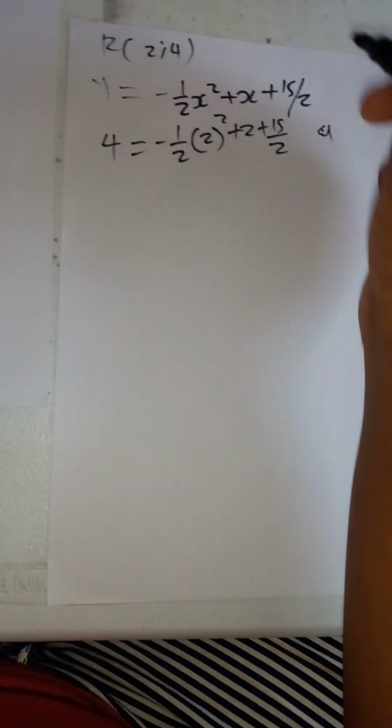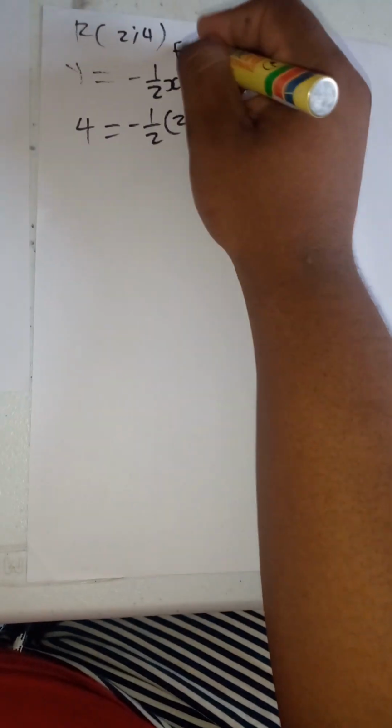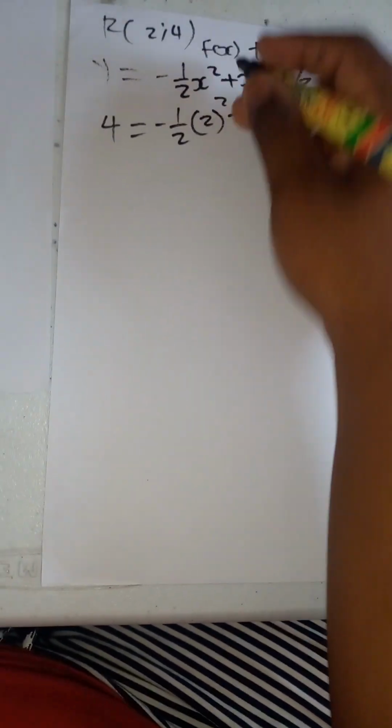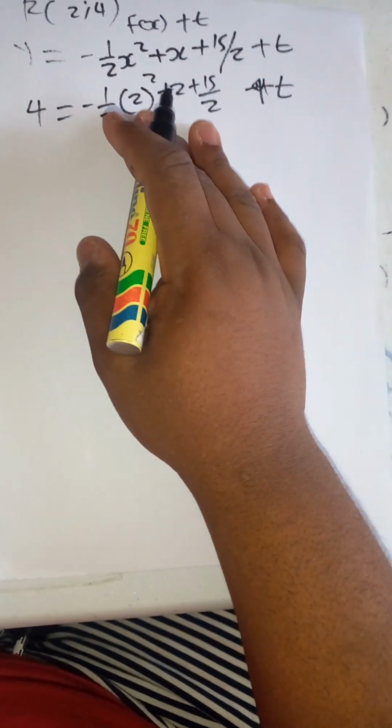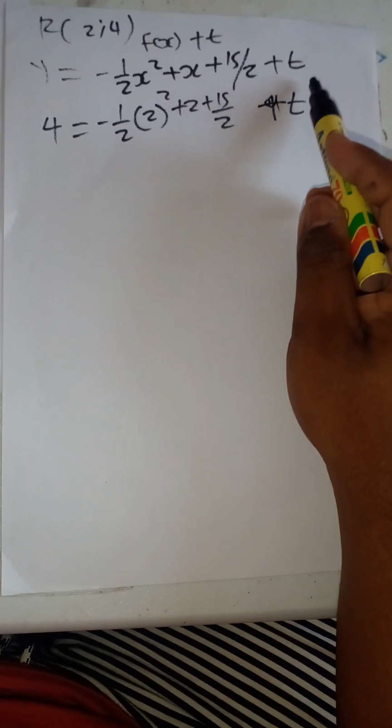What are we looking for? They said f of x plus t. So they were looking for that, which is the same as y. I made a mistake and omitted t there. Now we can punch it on our calculator.